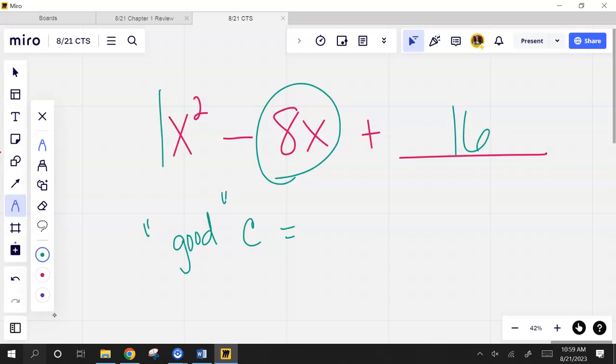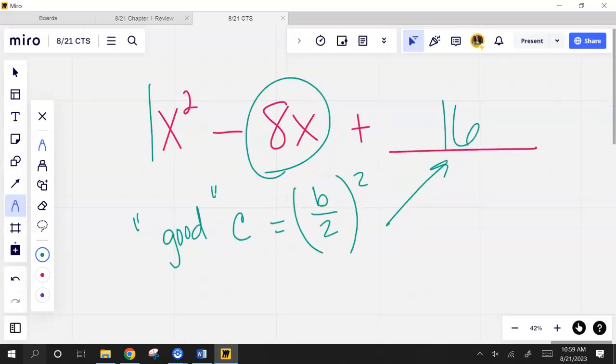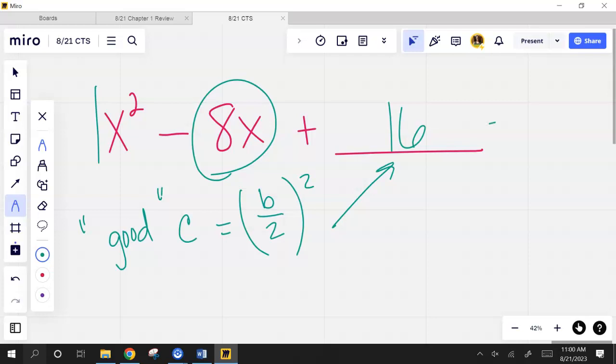But it's going to take half of the B in the middle and then square it to go here. And if I do that every time, I'm going to end up with a perfect square trinomial that's going to be an easy factor. How does this one factor? 1x minus 4 squared.